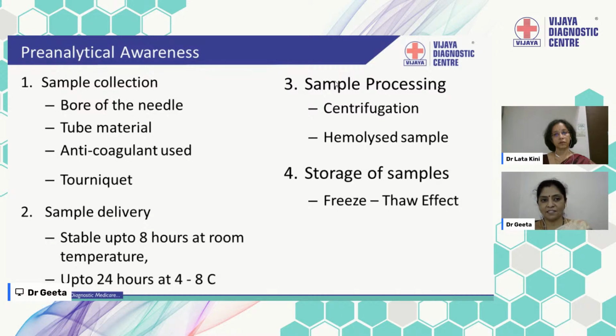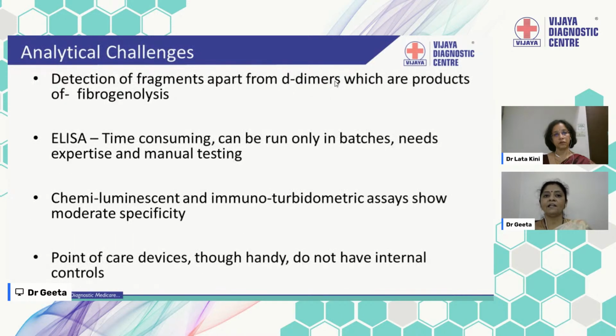Coming to analytical challenges, as I already mentioned, in the pool there are already fragments which are not only the fragments of fibrin, there are also fragments from the fibrinogen. Hence, we have to select an assay which identifies the D-dimers alone. Also, we must keep in mind that ELISA is time consuming and it is run only in batches. It needs expertise.